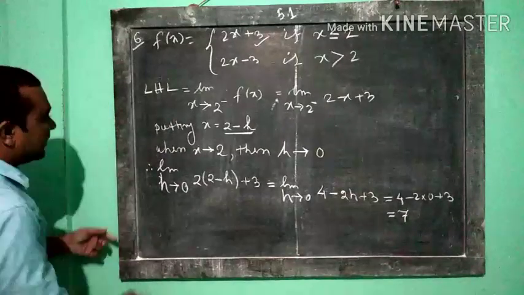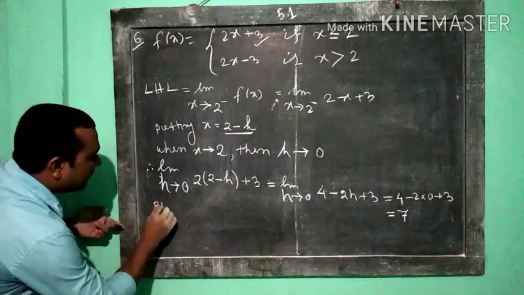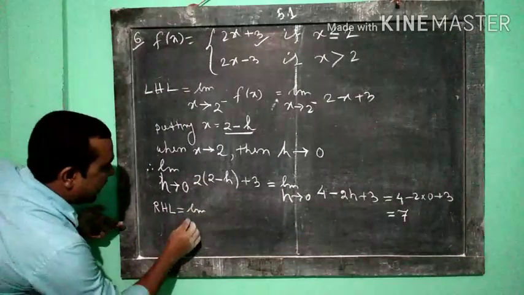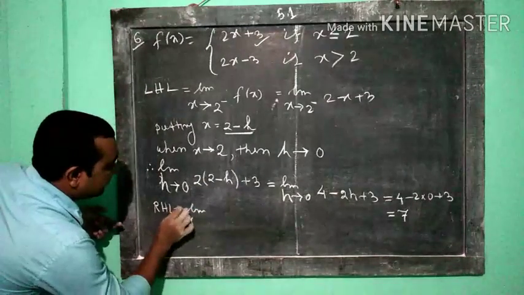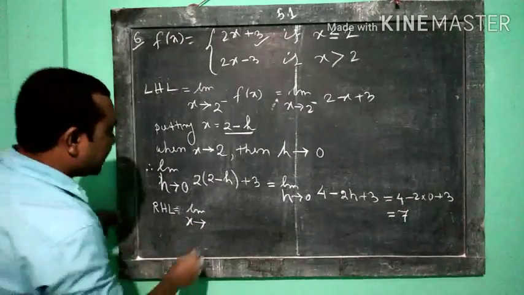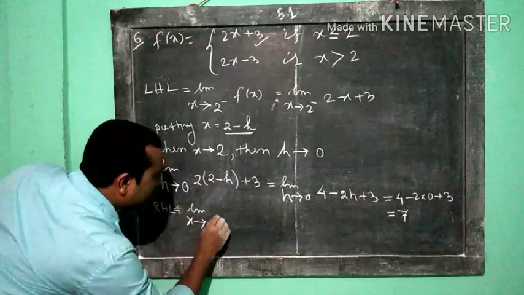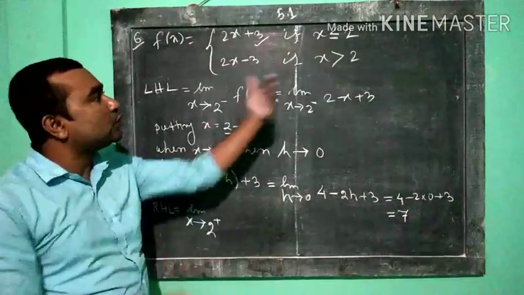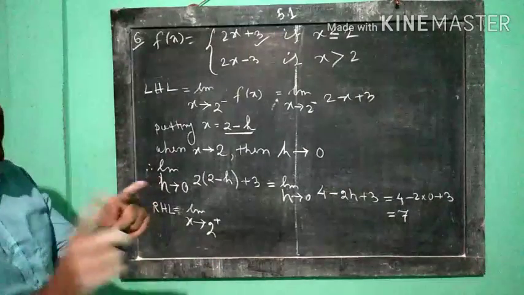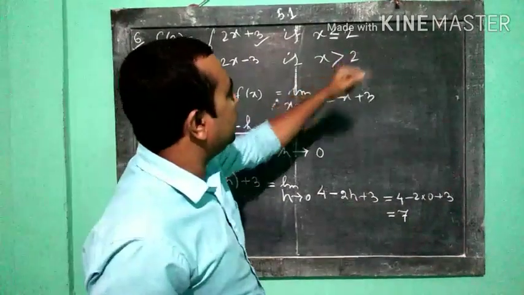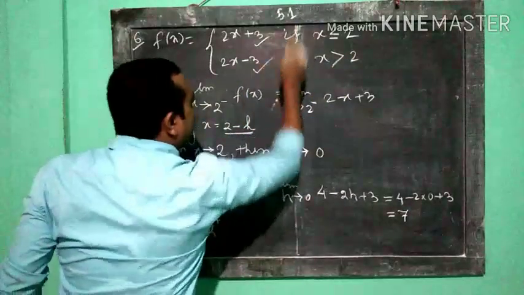Now we find the right hand limit. Right hand limit equal to limit x tends to 2 positive, which means x is greater than 2, that is 2 plus something. Then the function is 2x minus 3.